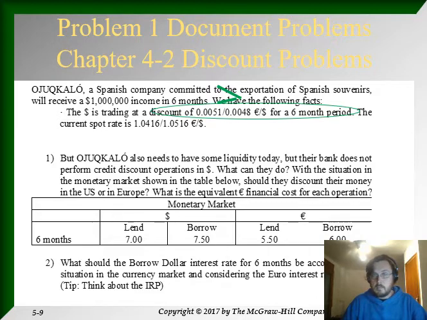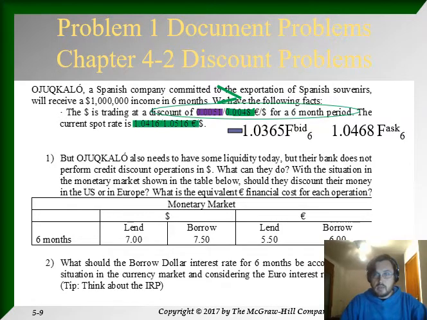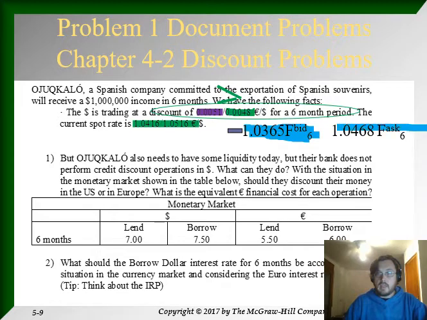Since the bid discount point is bigger than the ask discount point, we are going to subtract the discount points from the spot rate. If we subtract them, we get these two rates, which are the rates we're going to be playing with in this problem.